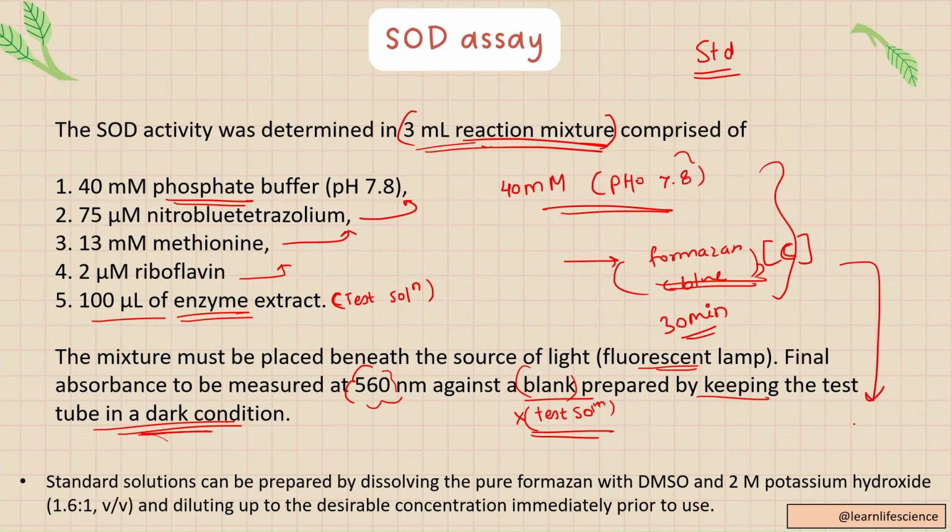From the standard graph of formazan you can calculate its concentration which is produced in this reaction mixture of the test solution. For the preparation of the standard solution, it can be simply prepared by dissolving the formazan in DMSO and 2 molar potassium hydroxide in a 1.6:1 ratio, and diluting up to the desirable concentration immediately prior to use. So you can also prepare a standard graph for comparison of your results.